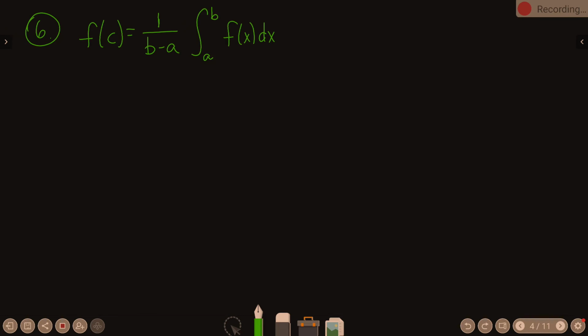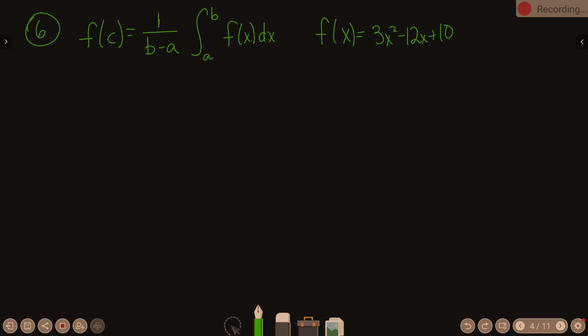So, let's go ahead and see. Our given f of x here was 3x squared minus 12x plus 10.